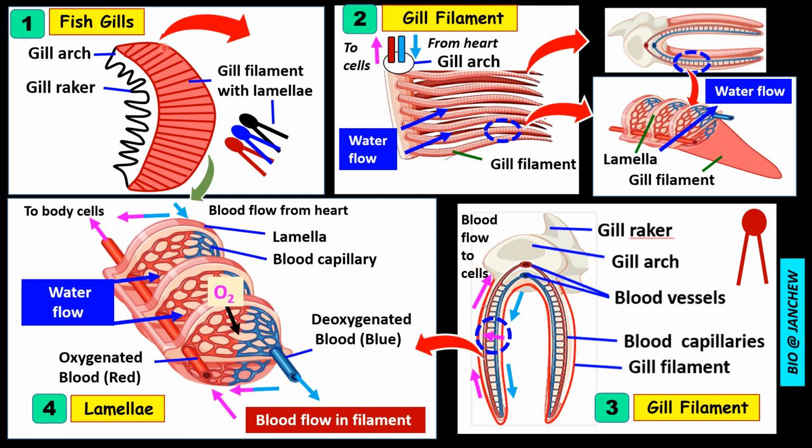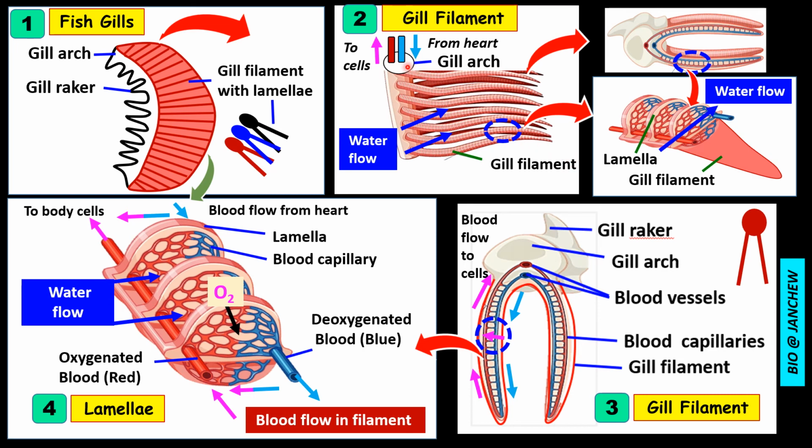Now, as we have discussed just now, a fish gill comprises gill raker, gill arch, and a row of gill filaments. So if you look from the top or from the bottom, we'll see that the gill filaments actually have two projections sticking out. And this is the part of the gill arch. So let's just take out a section of this and look at the enlarged version.